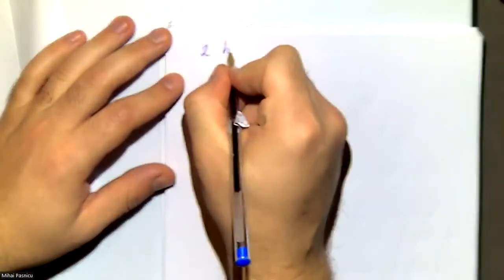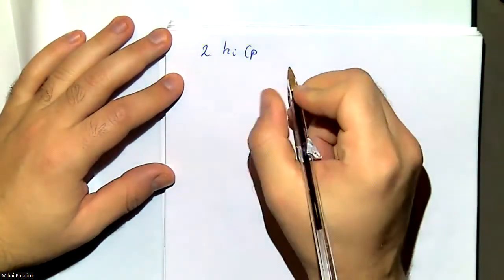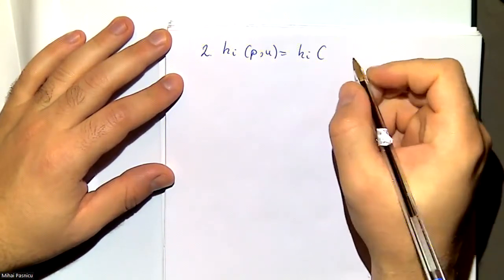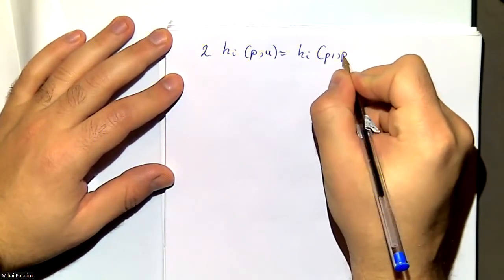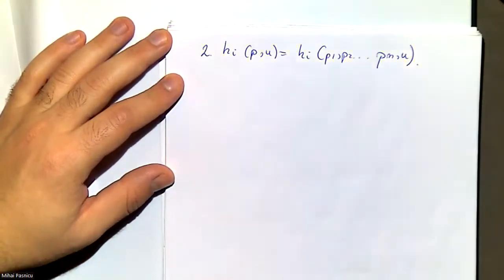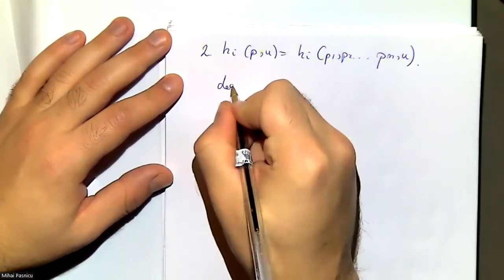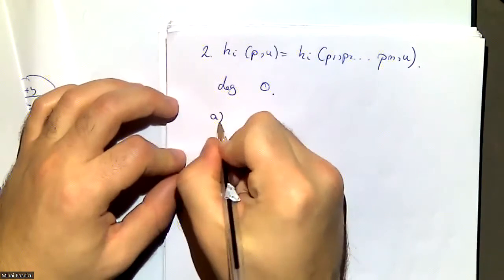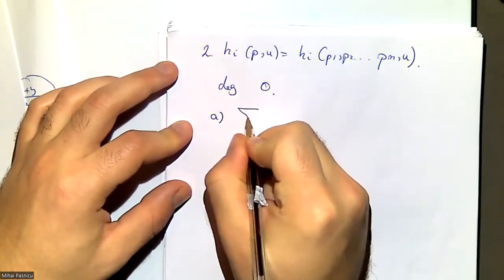It says h_i(p, u) is equal to h_i(p1, p2)... that's 0. And then show. Is there a B? Why is there an A and no B? I just noticed.